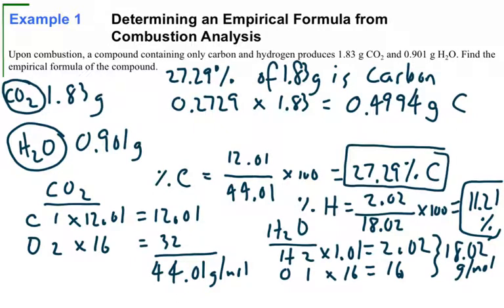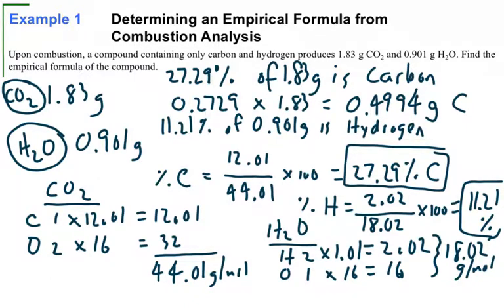So we got our first piece of data. All we need now is hydrogen. We'll do the same thing. 11.21% of the mass of the water, 0.901 grams, is going to be due to hydrogen.